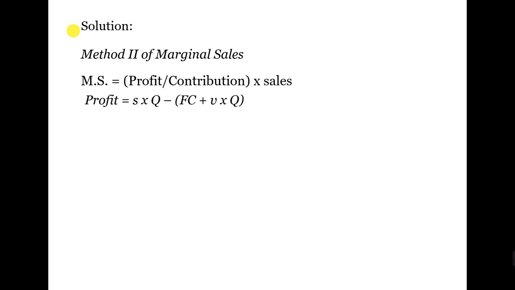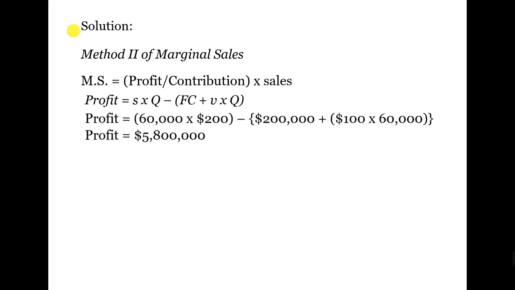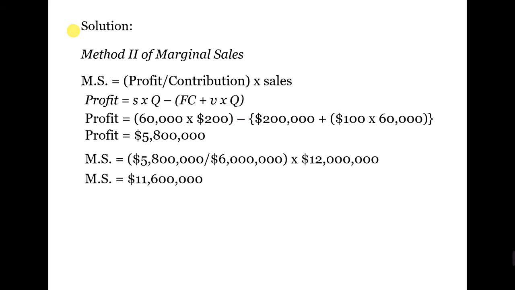Then the result of the profit is equal to $5.8 million. Afterward, we get back to the formula of margin of safety and substitute the solved values. The result is equal to $11.6 million.